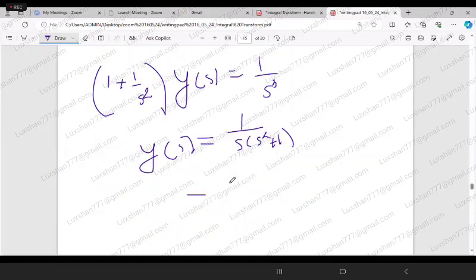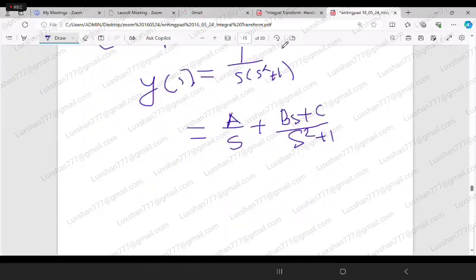So if you apply the partial fraction, you can write it as A over s plus (Bs plus C) over s squared plus 1.